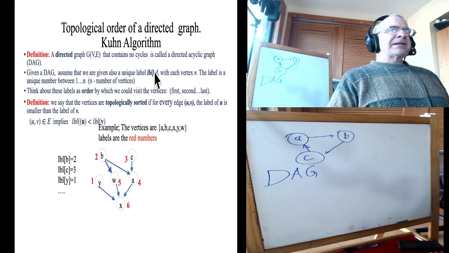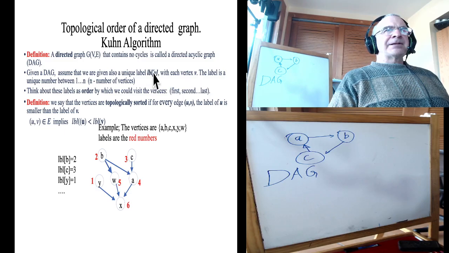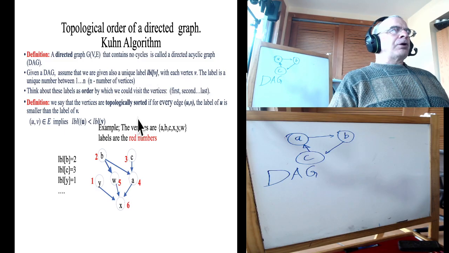So the labels, the way that I think about them, is just the number that gives you the order at which you need to accomplish these tasks, such that when you want to accomplish task 5, all the tasks that you need beforehand are already done. They have a smaller number.